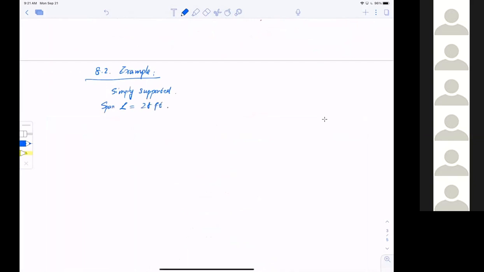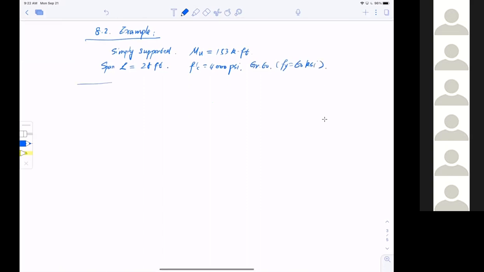I have the applied moment, explained to you already, you don't have to recompute it, 153 kip-foot. This is the design moment. I'm gonna design for this. And the concrete strength is 4,000 PSI, and grade 60, meaning Fy equal to 60 KSI. So those are the design parameters.